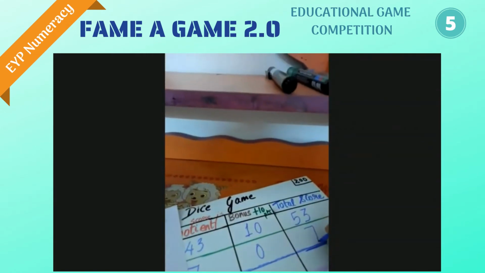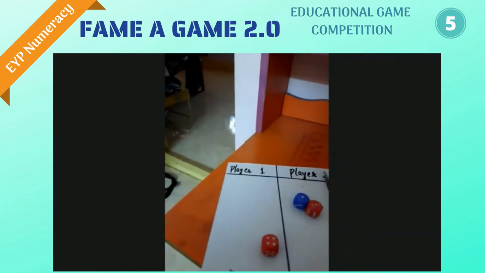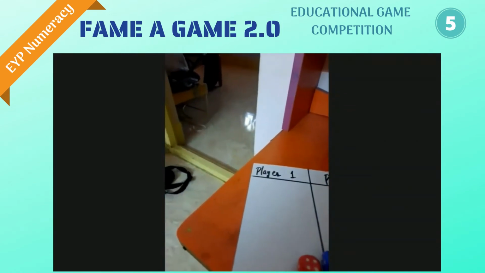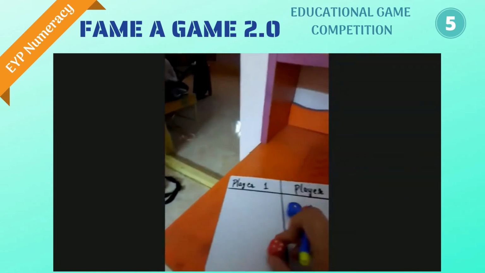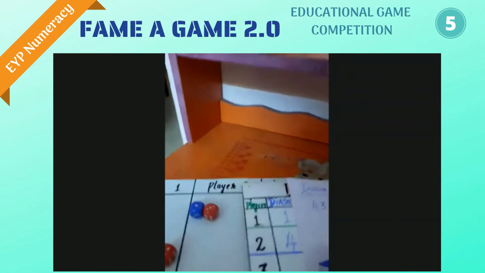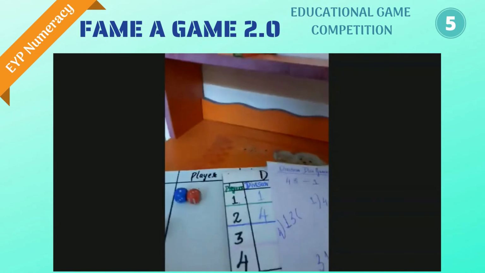Again, the same dices can be used to form another number. I will make it like this, 13. 13 divided by 4. So you can form 6 numbers like this. This is the third player.